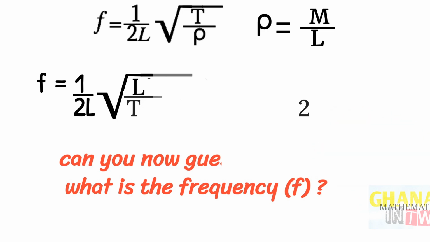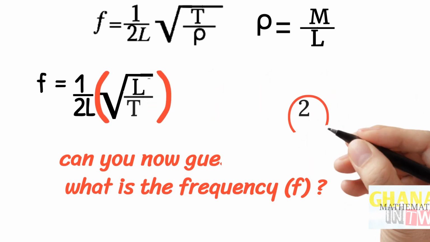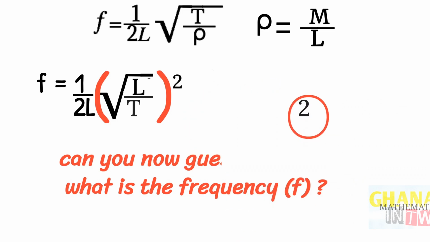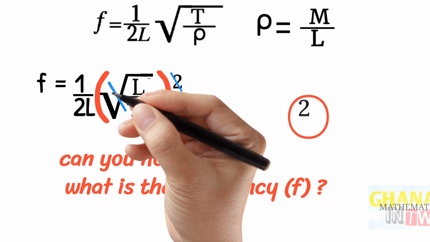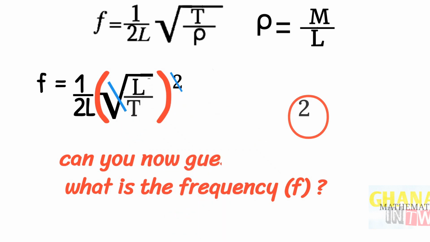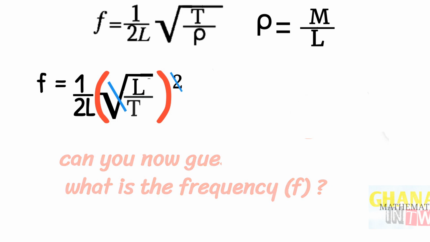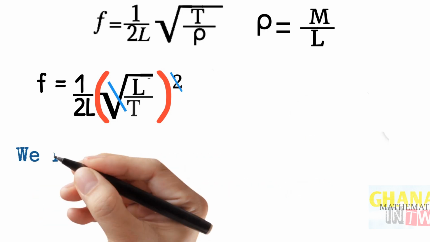Now the square can cancel out the square. We have L over t. We have our red parenthesis or the red bracket. The bracket is multiplication.